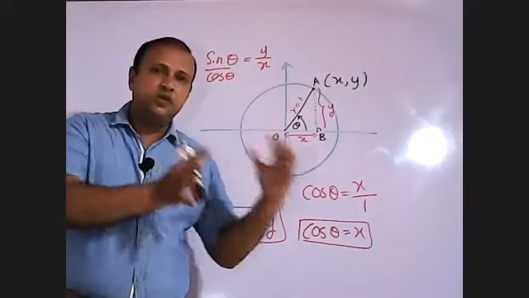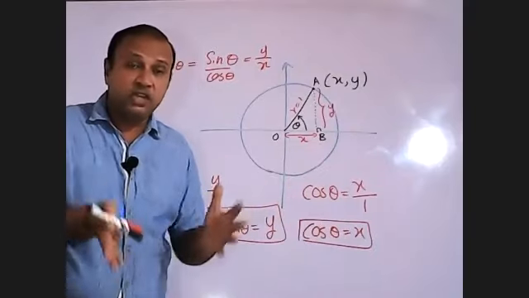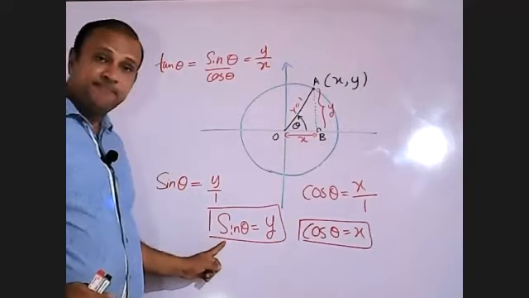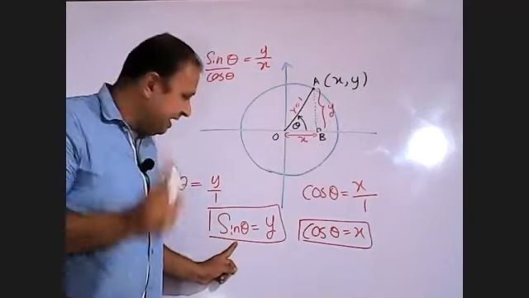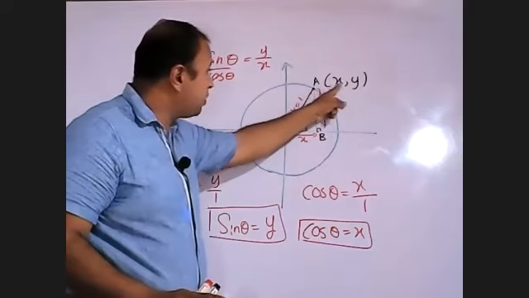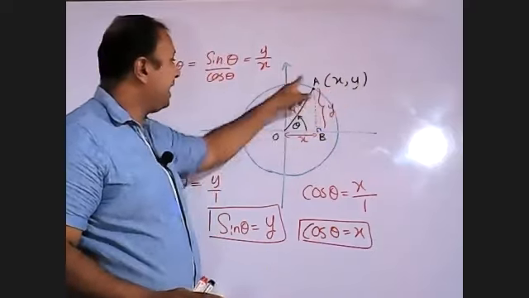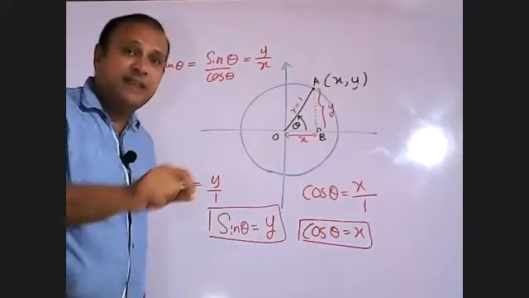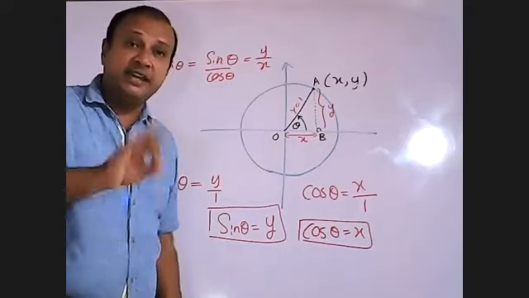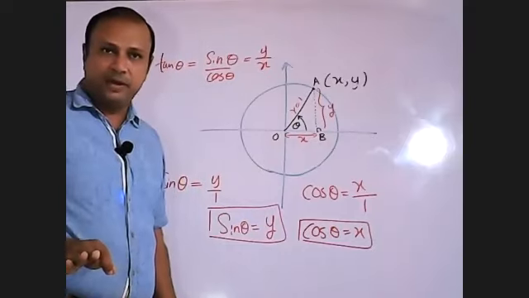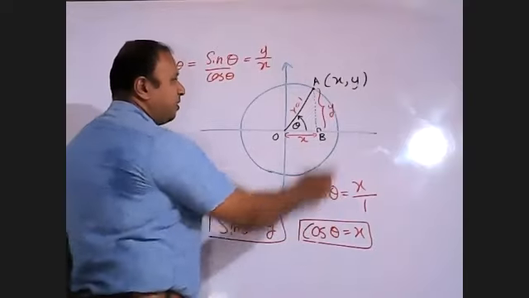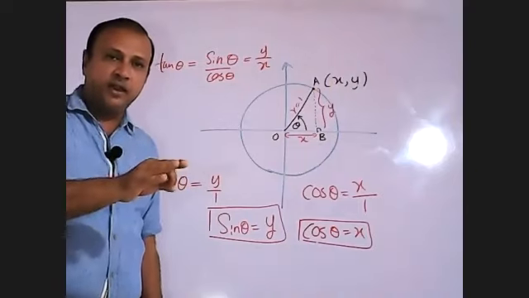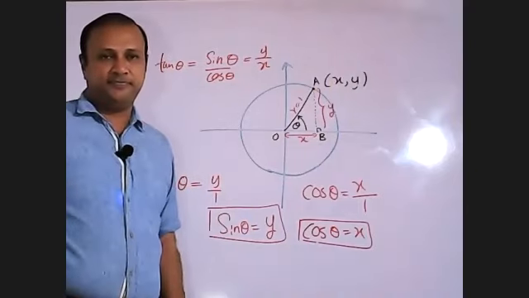So these are the new definitions of sin theta and cos theta using a unit circle. Sin theta is equal to the y coordinate of point A, meaning the y coordinate of any point on the unit circle. Cos theta is equal to the x coordinate of a point on the unit circle.